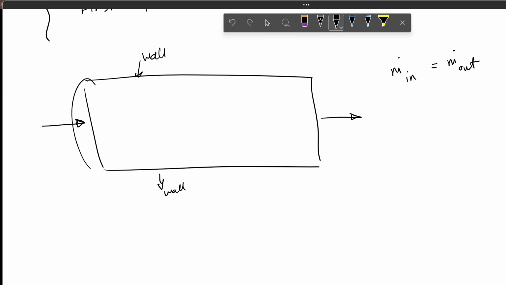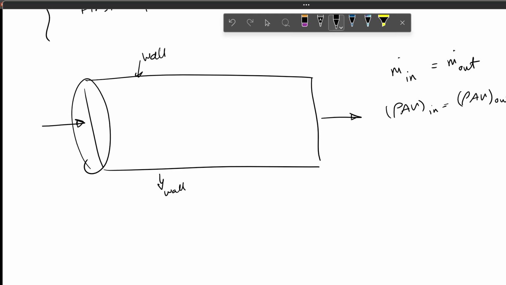How do we calculate the mass flow in? That's the equation for the mass flow rate. So rho AV in is equal to rho AV out. That's the idea of conservation of mass for a steady state scenario.